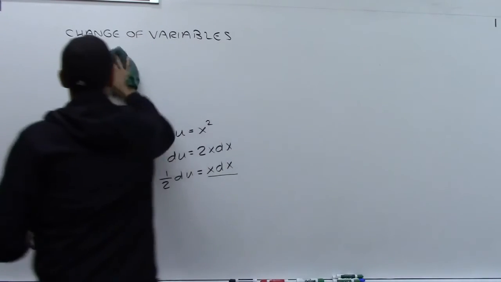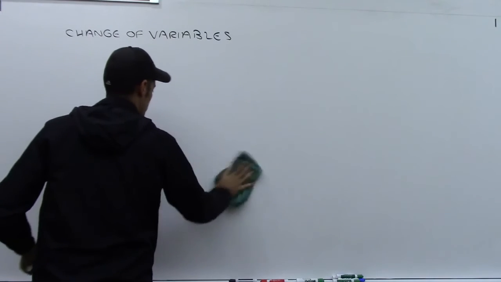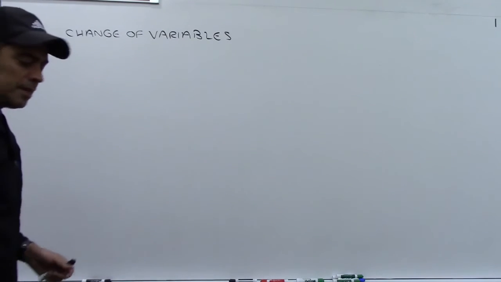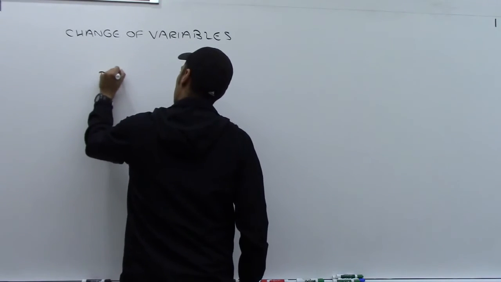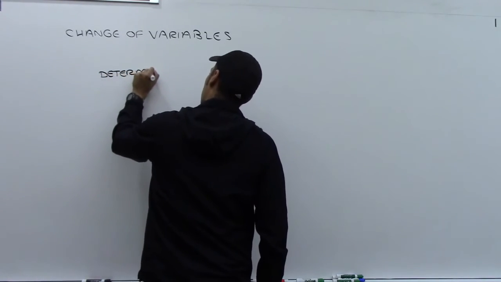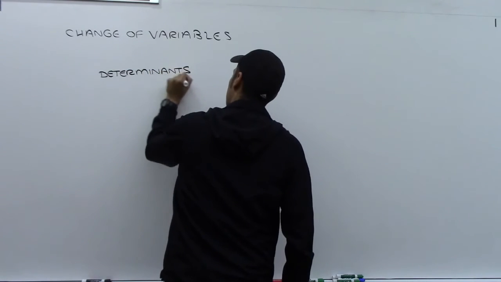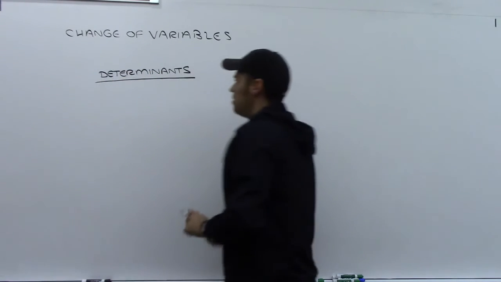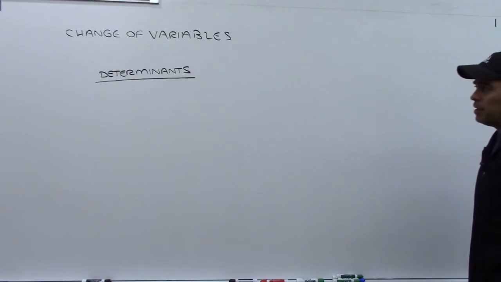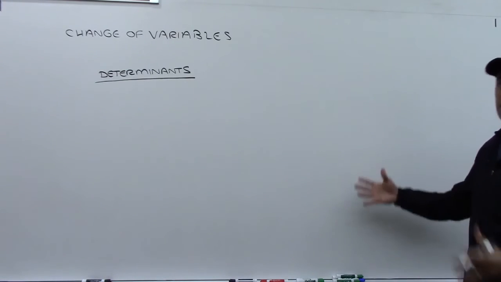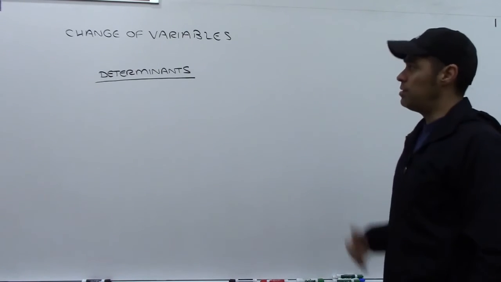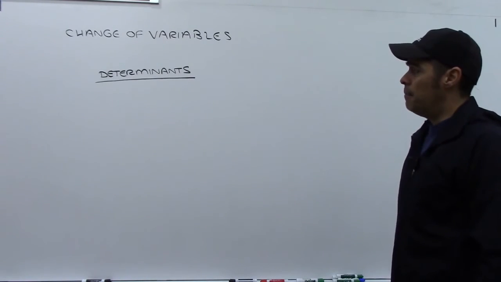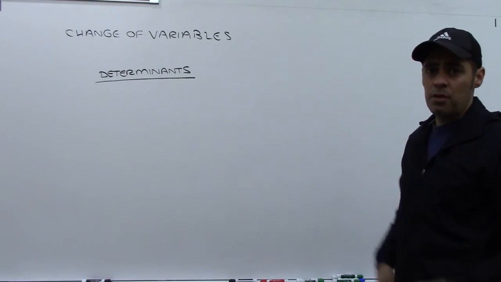But there's one other thing that I need to review with you, and that's this thing called determinants. A determinant is a very general thing. It can be used in many, many different applications in many different math courses, engineering courses, physics courses. But the computation for a determinant is pretty universal.